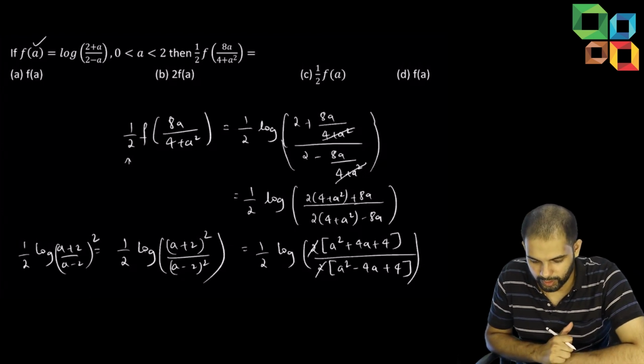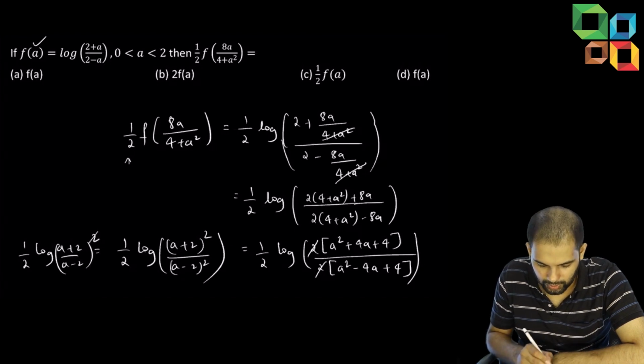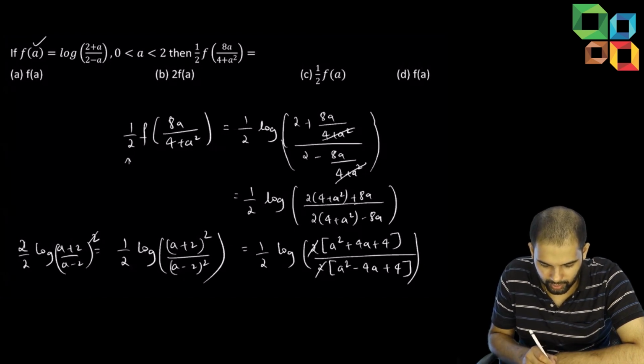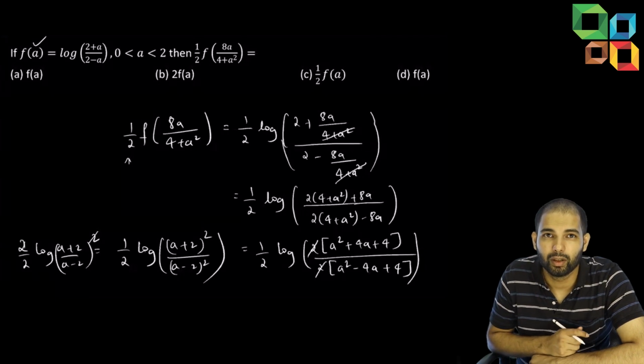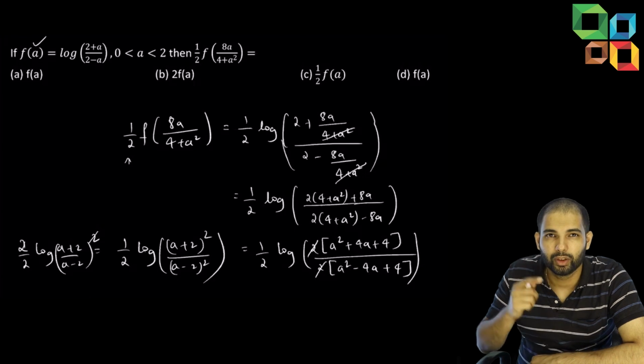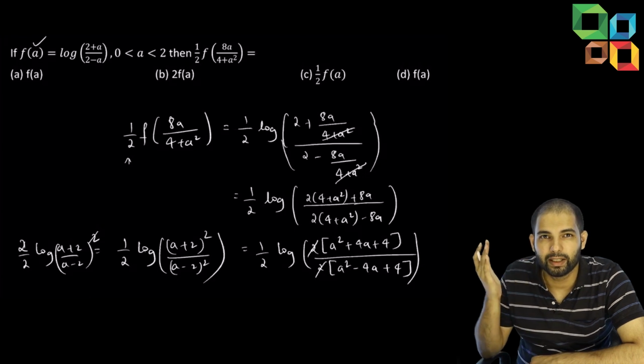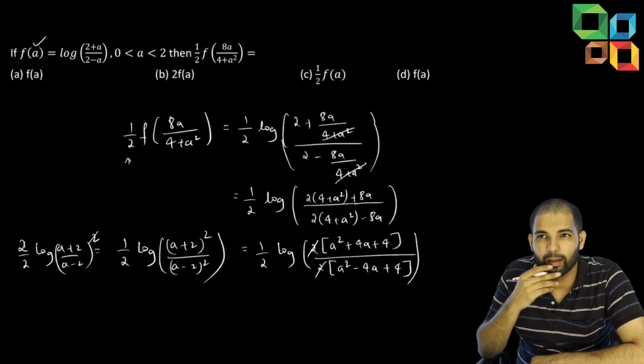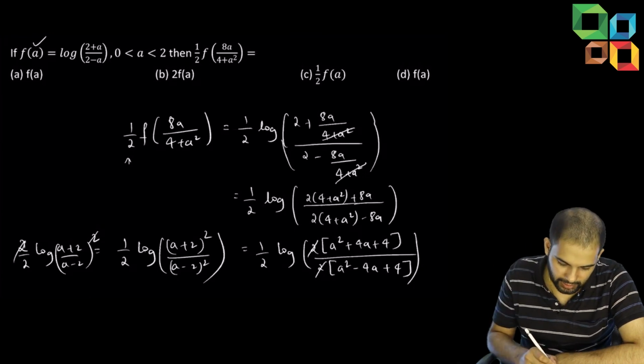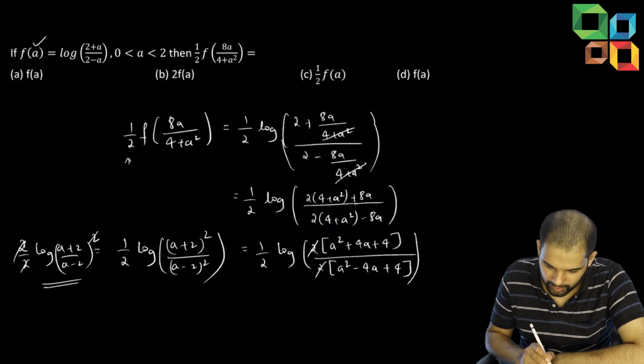Now if you know the property of logarithms, this 2 can be brought down because of the power theorem. If it is log of m power n, we get n times log m. Once you learn log, you'll understand. So this 2 will cancel, and this is what remains.